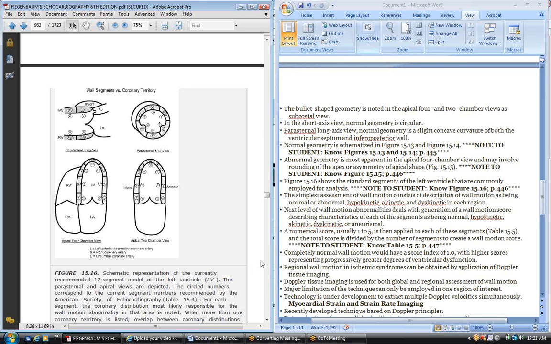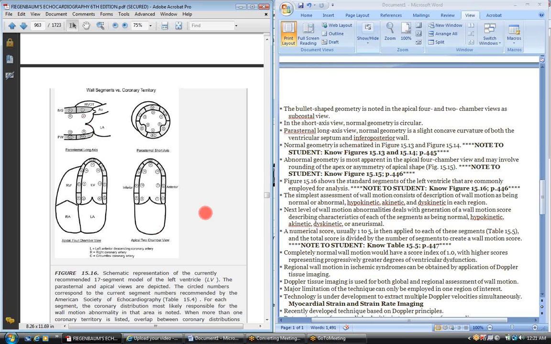So if you get an abnormality right here in the short axis view, we can tell that it's being delivered by the right coronary artery. If we got an abnormality here in the interventricular septum, we can tell that it's being delivered by the left coronary artery, and that is segment number 2.